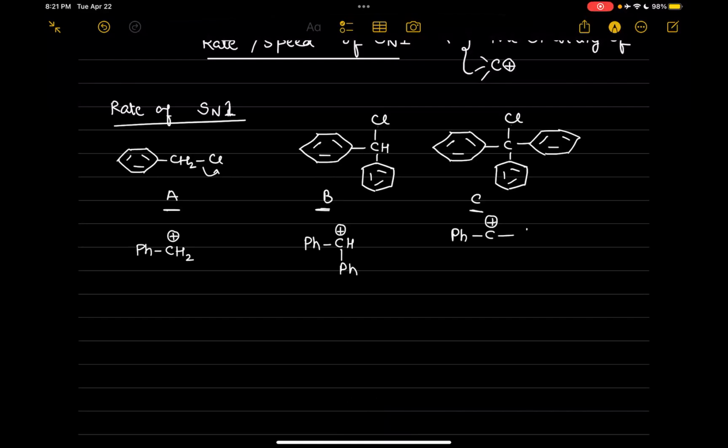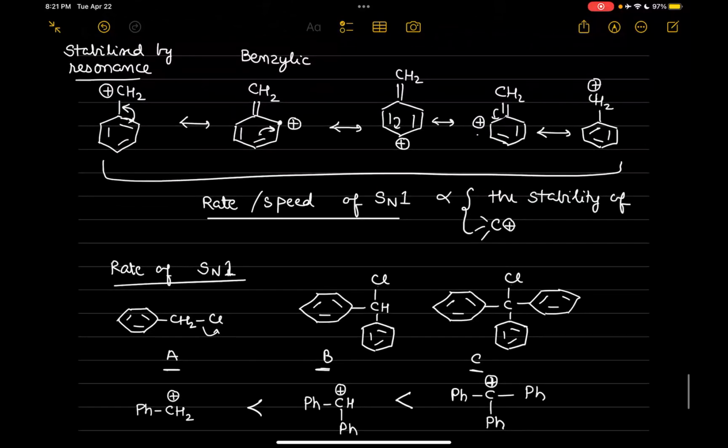That is in SN2. In SN1, bother about the stability of the carbocation. So this carbocation is more stable. Why more stable? Because this plus charge is offered electrons from three benzene rings. There are three sides where you have a benzene ring and they can offer the electrons by resonance like this. This is just one benzene, so imagine you can have one more and one more.